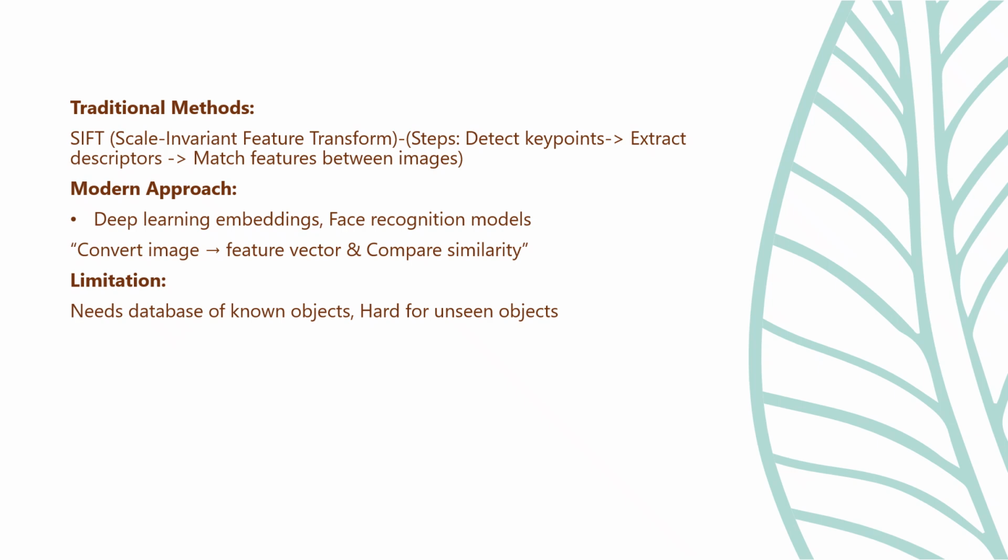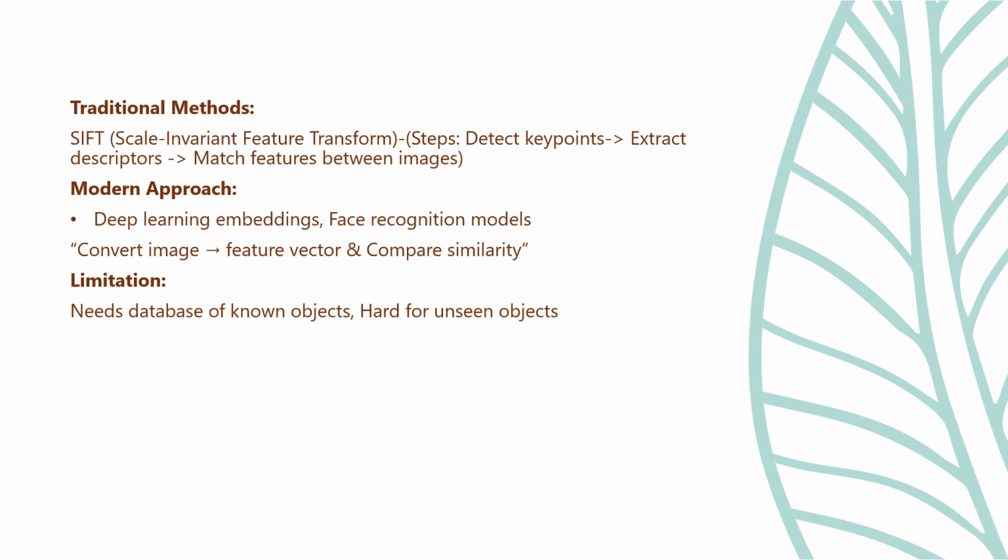So let's discuss the traditional approaches for instance recognition, which relied heavily on SIFT, which detects stable key points and matches them across different images. And if we talk about modern approaches, modern deep learning approaches use feature embeddings generated by neural networks.